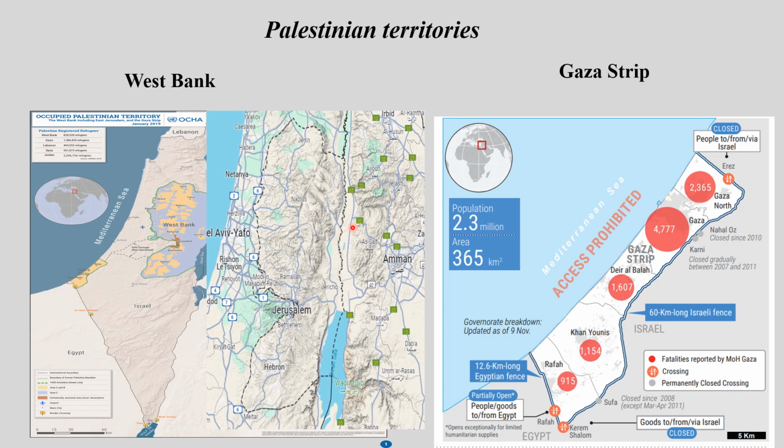And as you can see the difference, West Bank has Jewish people also, but in the Gaza Strip 99% of people are Sunni Muslims. West Bank is administered partially by the Palestinian National Authority. So this was all about West Bank and the Gaza Strip.